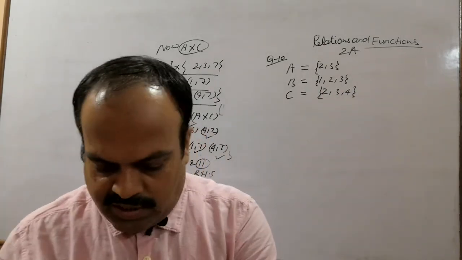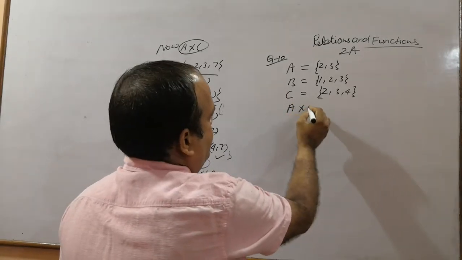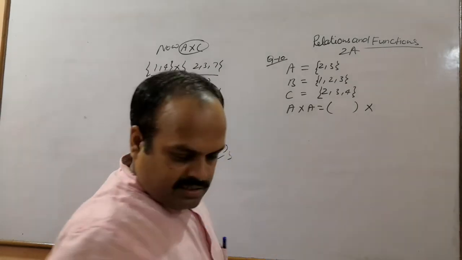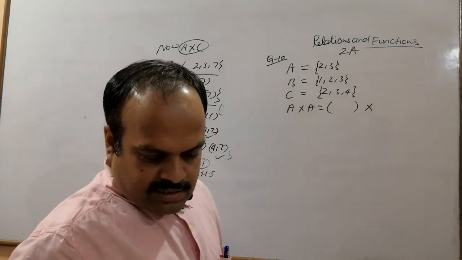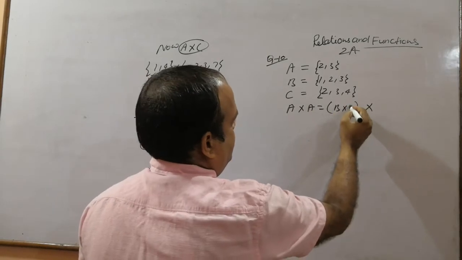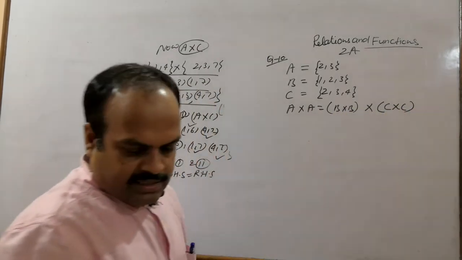We have to show that A cross A is the same as (B cross B) intersection (C cross C).